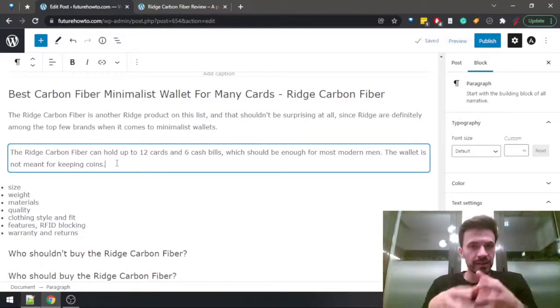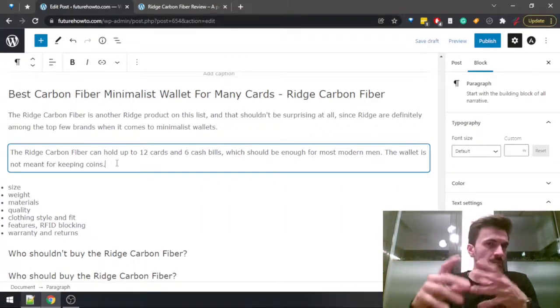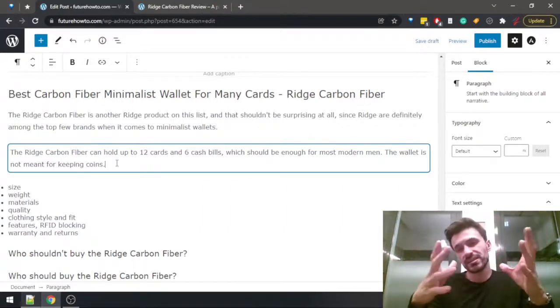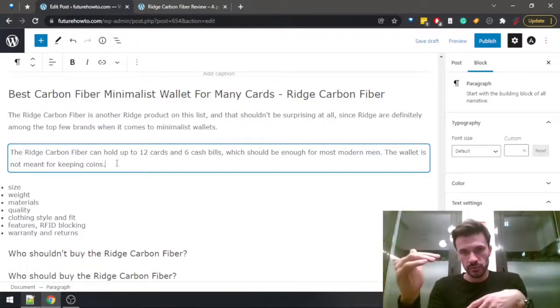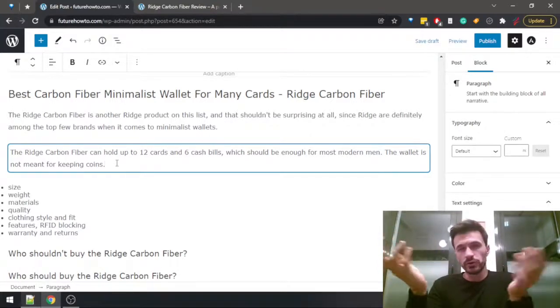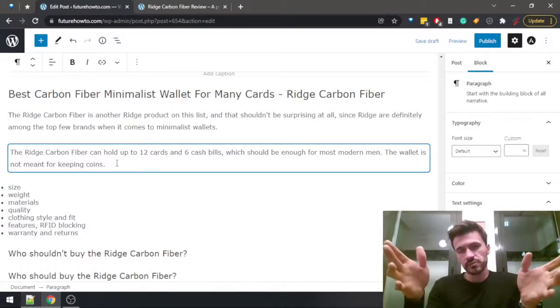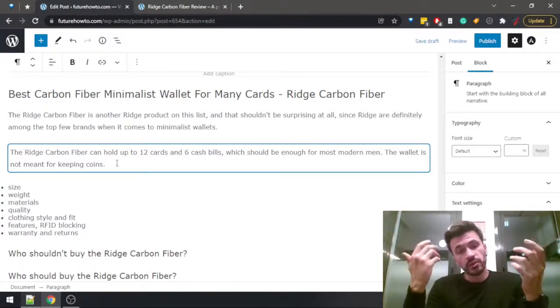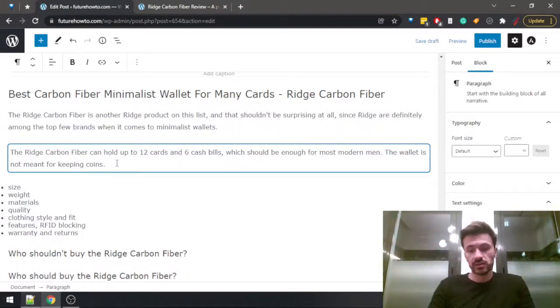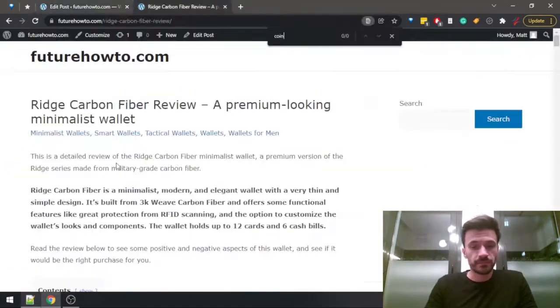Maybe I will practice it myself some of the time, but in this case, since there's not real competition on this keyword so far, we don't really even care about the number of items or the word count for that matter. So we're just gonna keep things quite simple here.